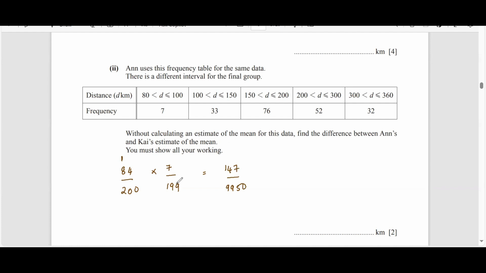So basically there are two combinations. If we have two combinations, you have to multiply this by 2. So when you multiply the answer by 2, you will get 147 over 4,975. This will be the final answer. So we are done with all the subdivisions for this.